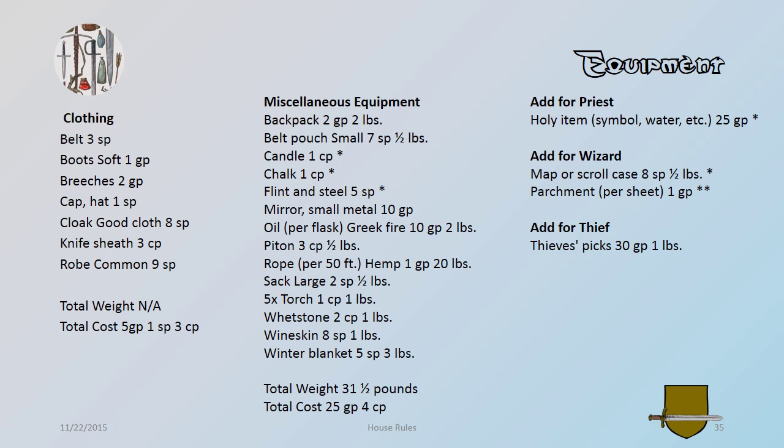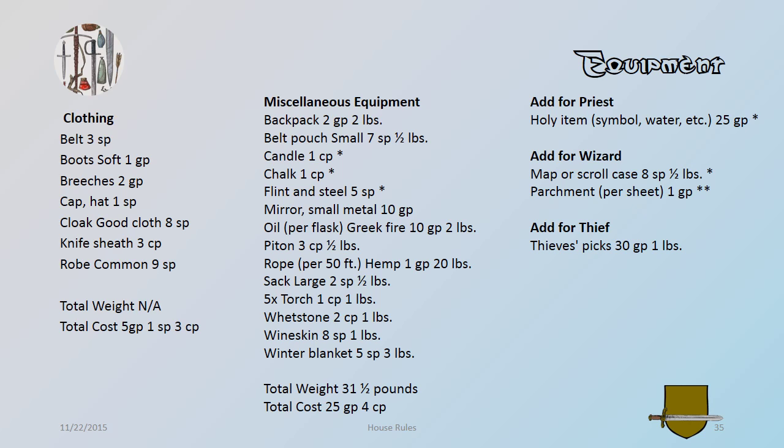Belt, boots, breeches, which are pants, maybe a hat if you want it, a cloak, a knife sheath. Most people carry a knife that they use not for combat, but for eating with, it's just the common tool of the day. If you're a priest or a wizard, you'd have the robe instead of the other things, and then either a tunic, which was a common garb of the Realms, or a shirt.